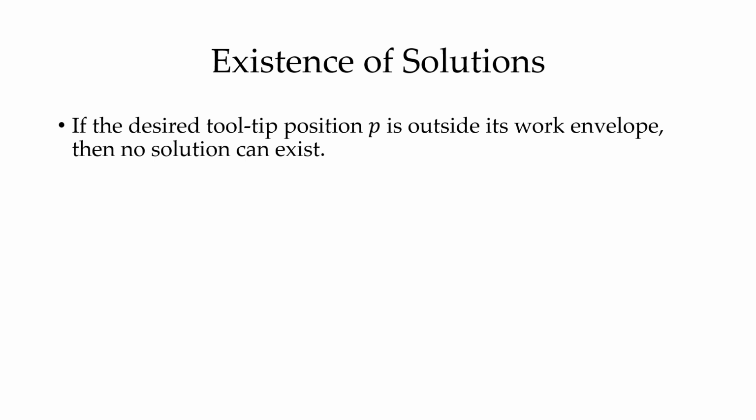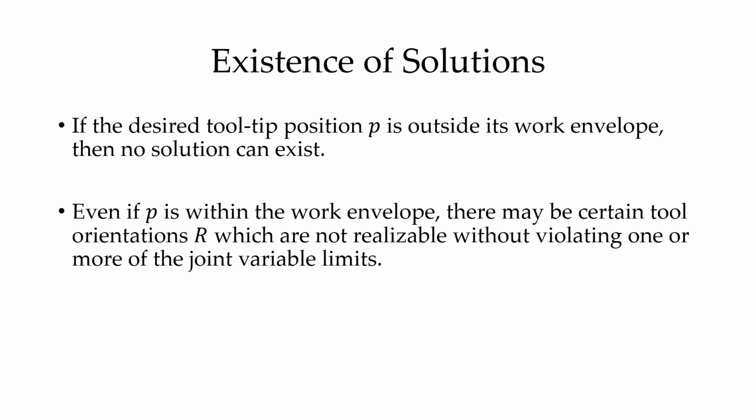Whatever position and orientation you give to the computer, you will not get a solution that is acceptable. Then even if P is within the work envelope, there may be certain tool orientations which are not realizable without violating one or more joint variable limits.